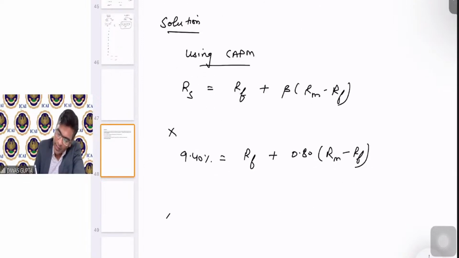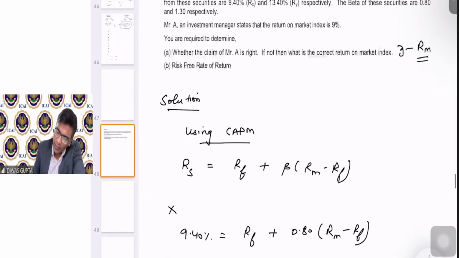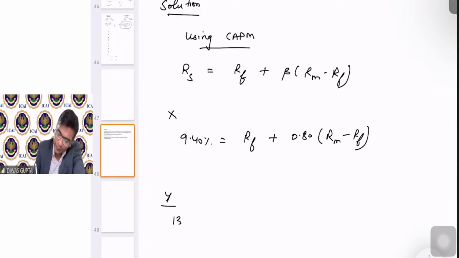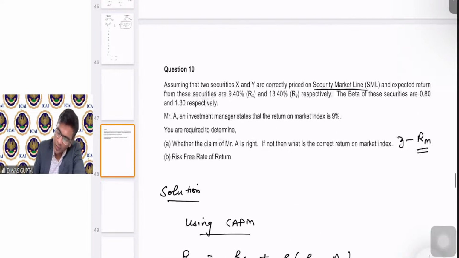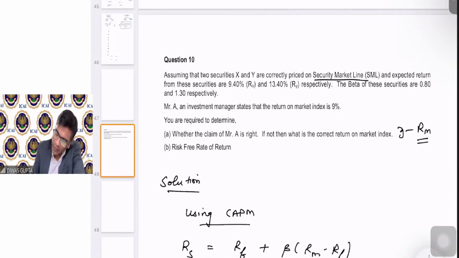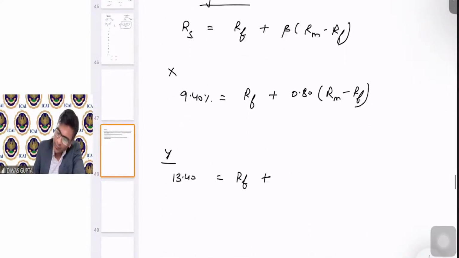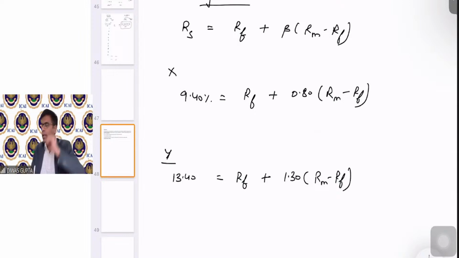Then for security Y, it is 13.4% equal to RF plus 1.3 times (RM minus RF). Correct, students?